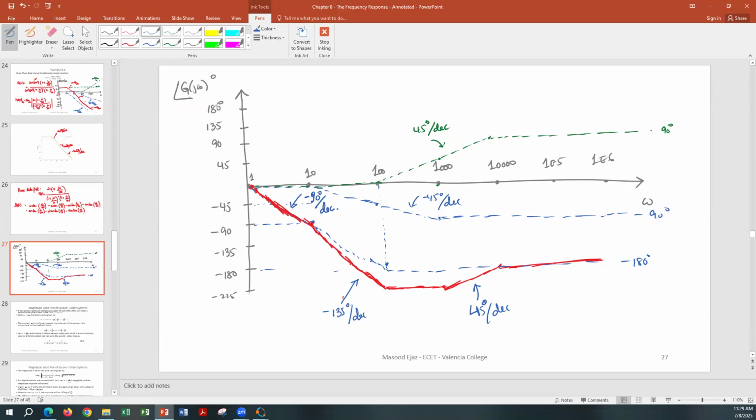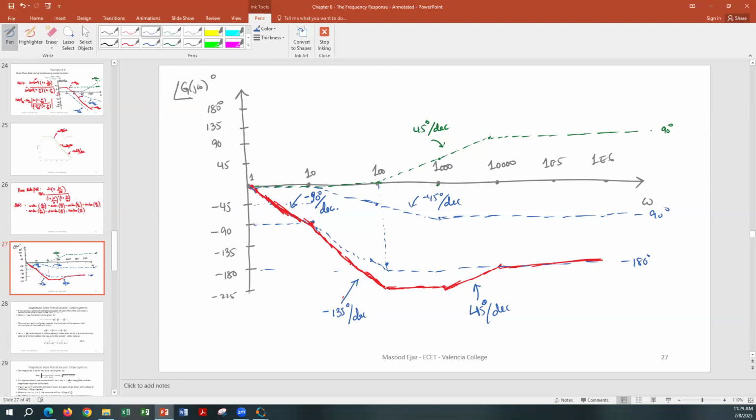Negative 225. Yeah, because observe here, you have negative 180 for this line, you have negative 45 for this line, and that is still 0. So negative 45 and minus 180 is going to be negative 225.